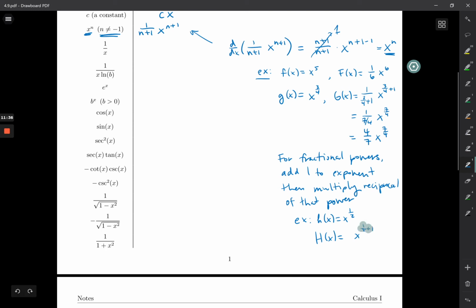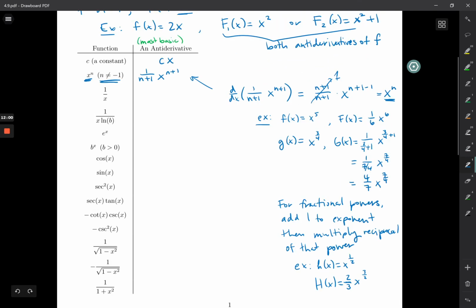Let's do this in one step. 1/2 plus 1 is 3/2, and then we multiply by the reciprocal of that, so it would be 2/3 out front. You see, you don't have to go through the process of simplifying it if you just remember that this is how it works for fractional powers. Okay, but we'll have plenty of practice with these.